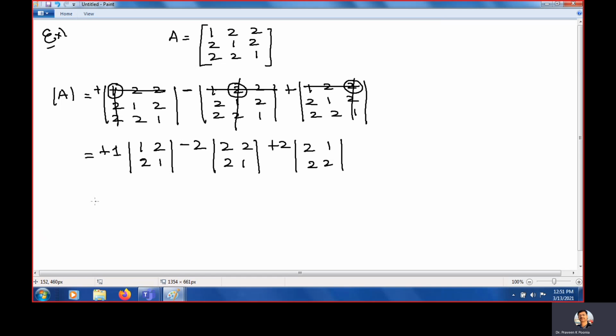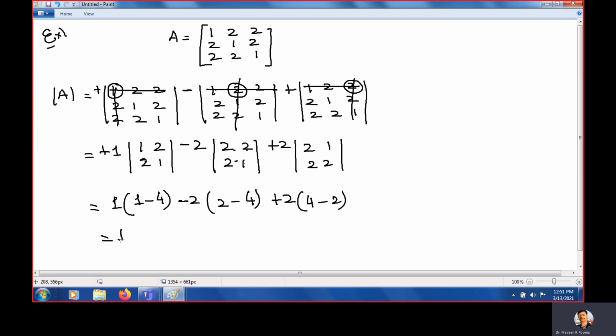Now you need to multiply: 1 into 1, 1 minus 2 into 2, 4 minus 2; 2 into 1, 2 minus 2 into 2, 4 plus 2; 2 into 2, 4 minus 2 into 1, 2.